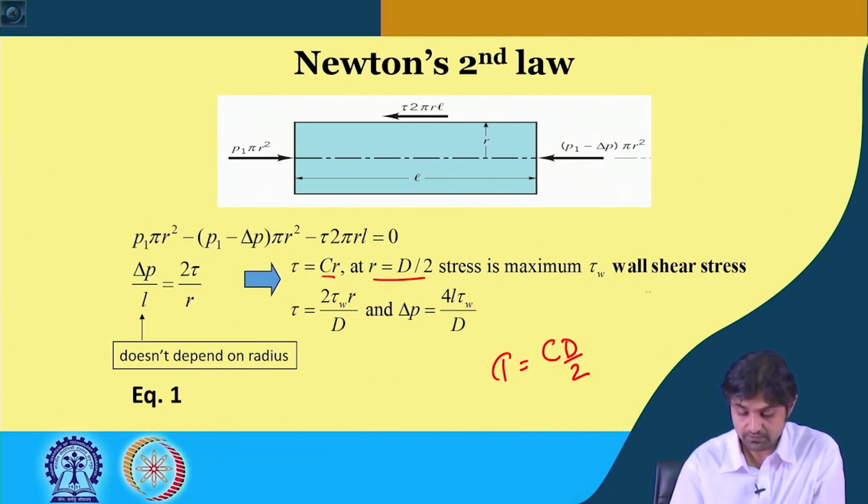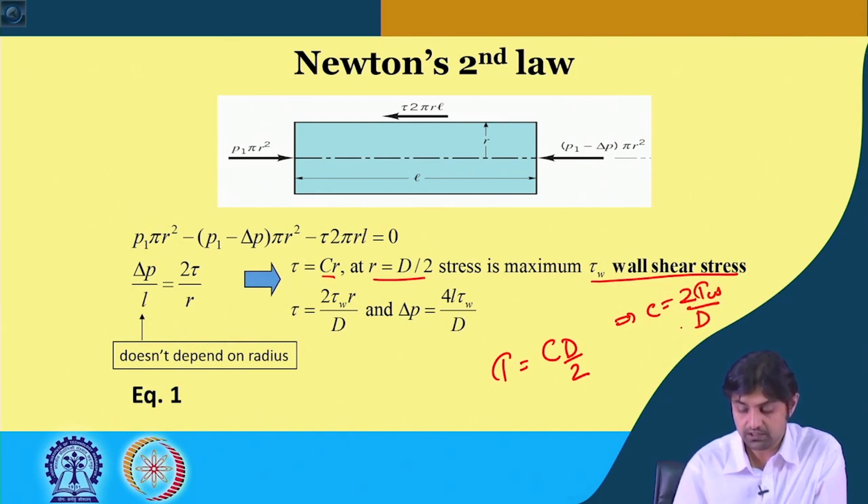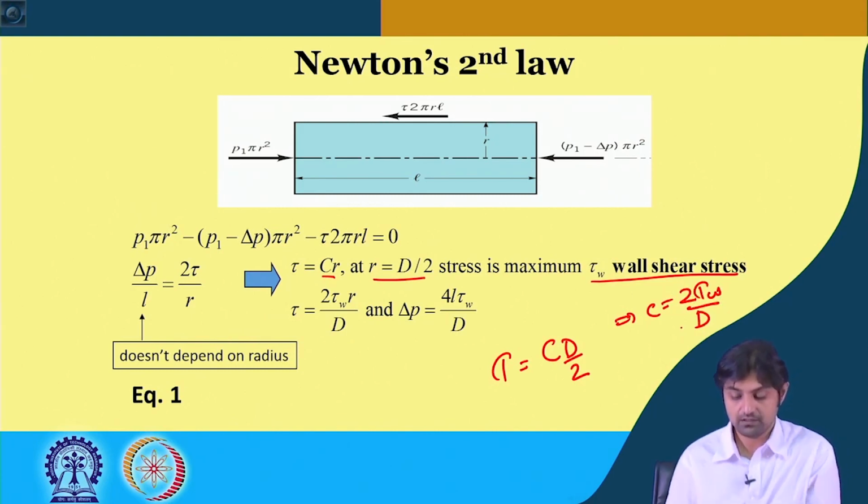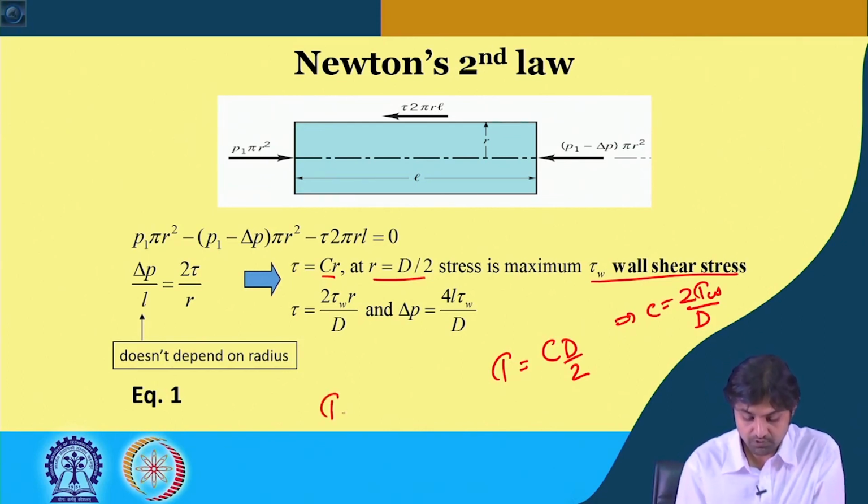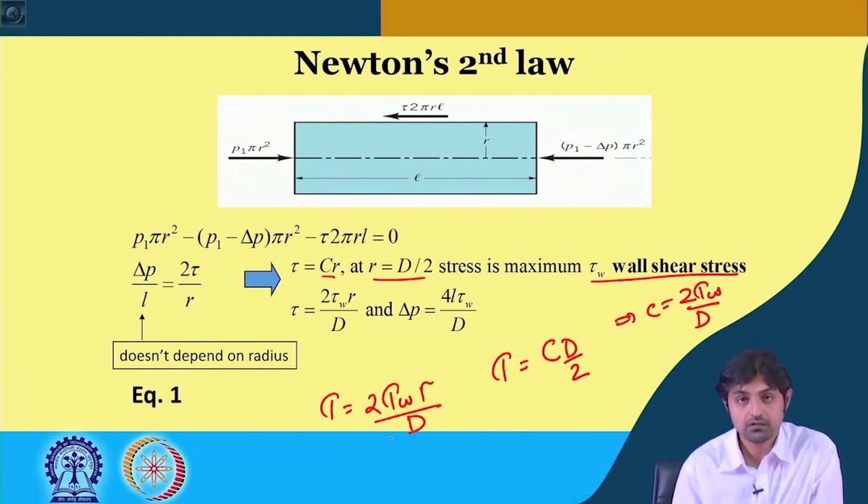All right. And this C is going to be 2 tau w by D. Therefore tau can be written as 2 tau w into r by D. All right.